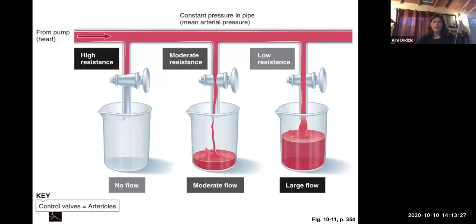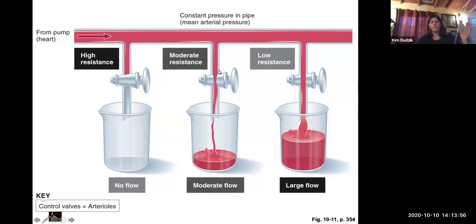Okay. Here is just a nice picture, maybe this picture helps some of you understand how arterioles are actually controlling blood flow. So the valve here would be the symbol of an arteriole. At this point the valve is completely open, meaning our arteriole is dilated, so blood flows through easily.